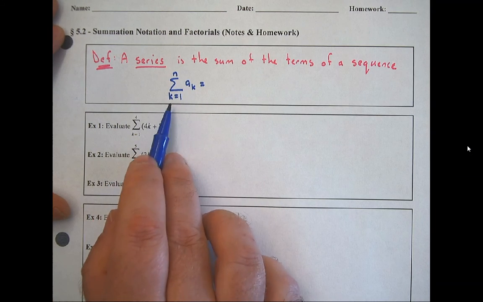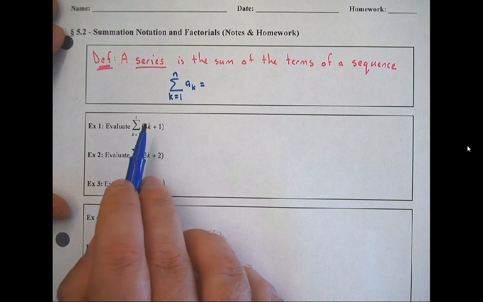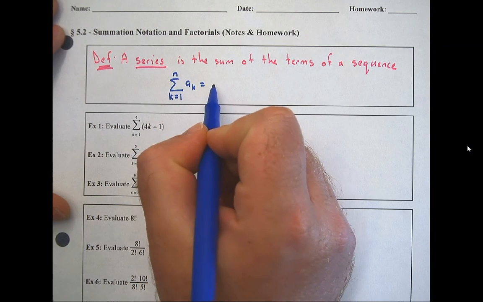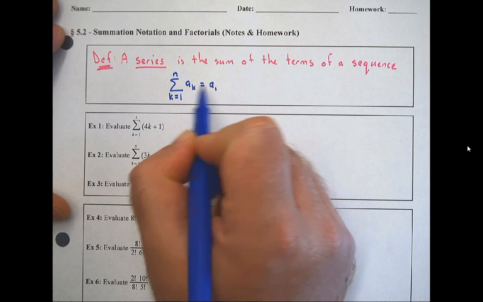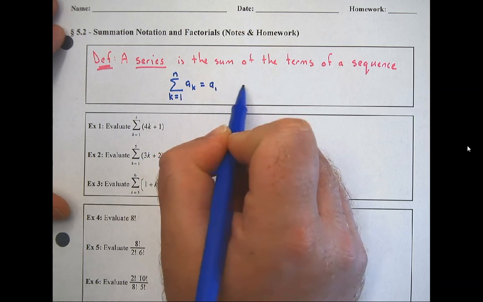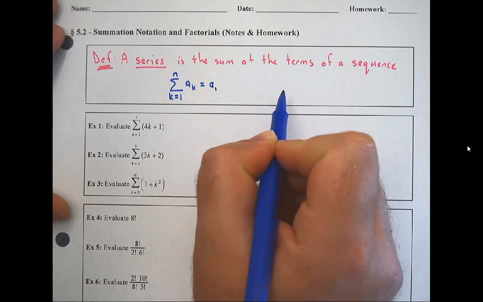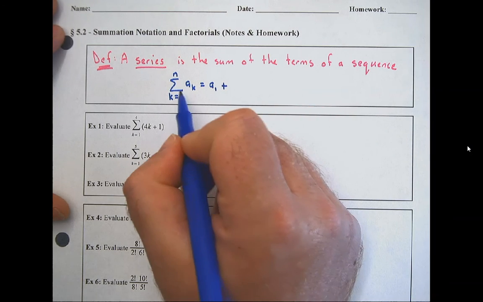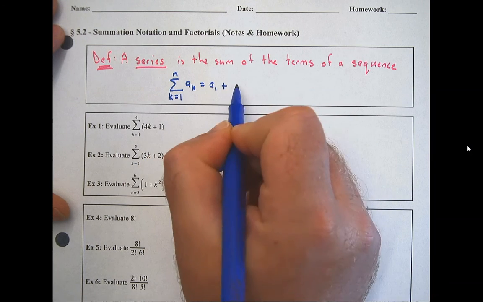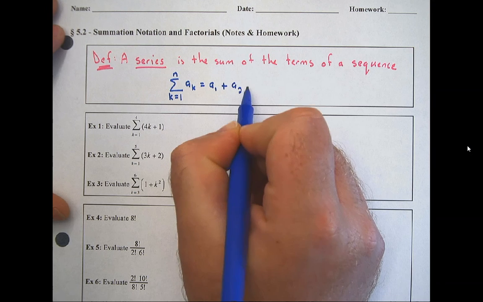So what we do is we take this value, we plug it in, we get a number, we get a term. We call that the first term, a sub 1. Now, if this was just making a sequence, we'd write a comma and then a sub 2, comma a sub 3. But because it's a series, we would add them. After I plug in 1, I would plug in 2, a sub 2, and then add.